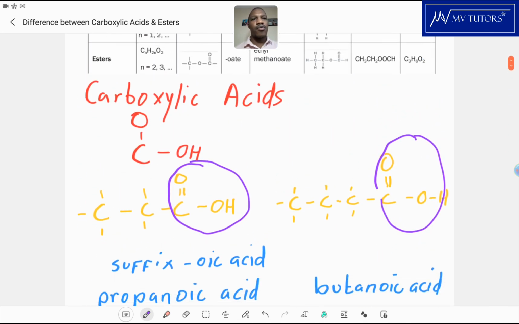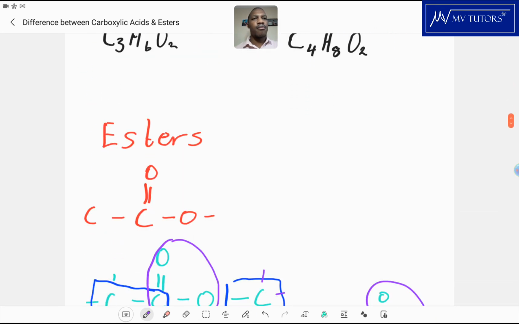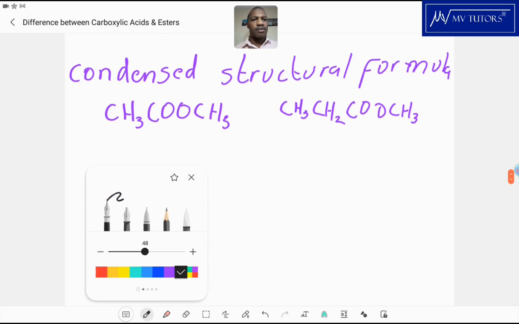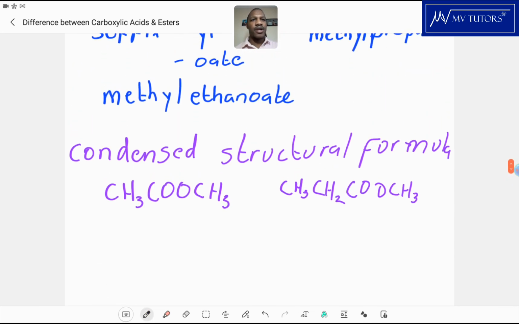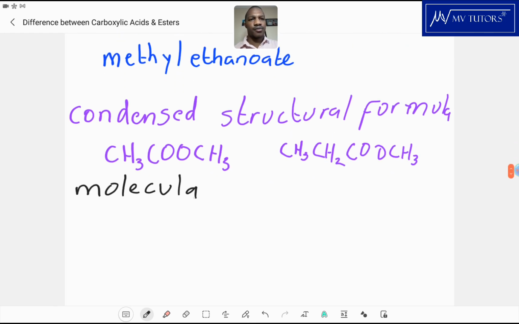Otherwise, they both have the same molecular formula. Okay, because if you check out the molecular formula for this one, okay, let's just say molecular formula.